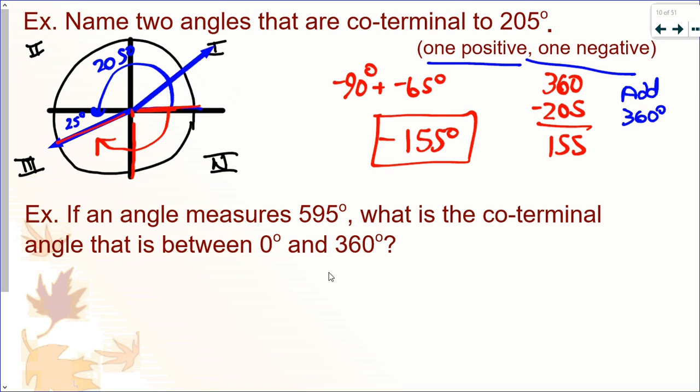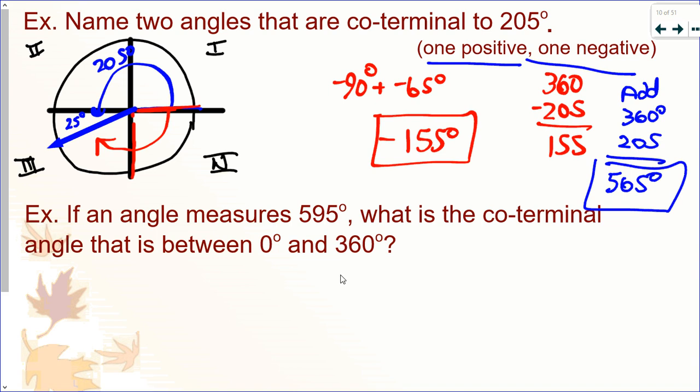So it's basically I go once around and then back to 205. So to add 360 will tell me what that is. So 360 and 205 gives me 565. So that's another coterminal angle. So in summary, finding coterminal angles, you can just add 360 or subtract 360. And that just means you're going to rotate a different direction or rotate a full amount before you go to that terminal ray.